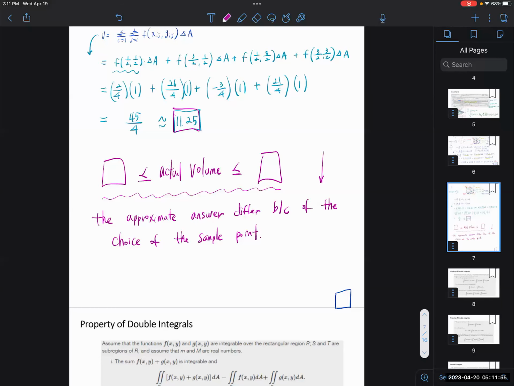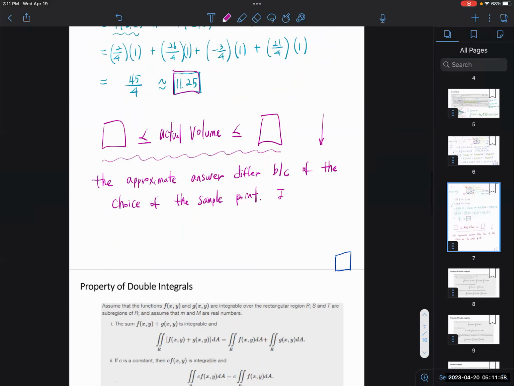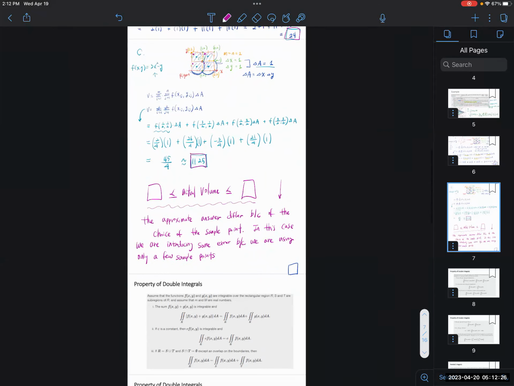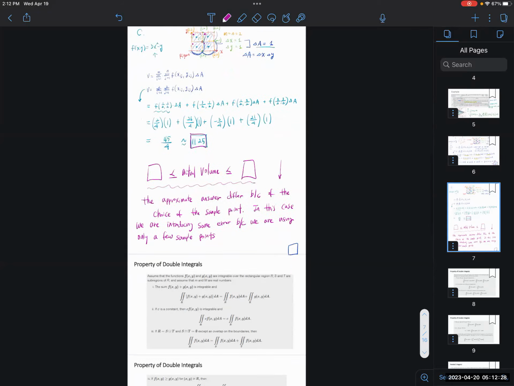So in this case, we are introducing some error, because we are using only a few sample points. I only chose 4. That's not enough. You actually need to choose as many as possible.